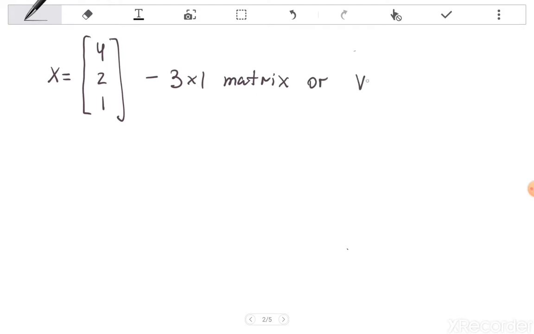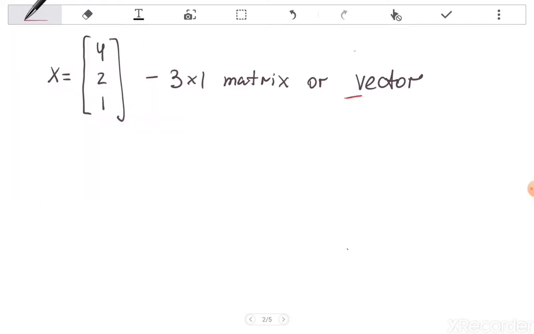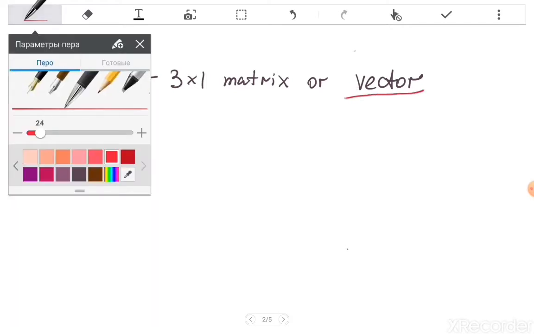Usually we denote such matrices with small letters. So assume that we have, say, 4, 2, 1. This is a 3 times 1 matrix. We call it a vector, or sometimes you can see that we add the word column vector.